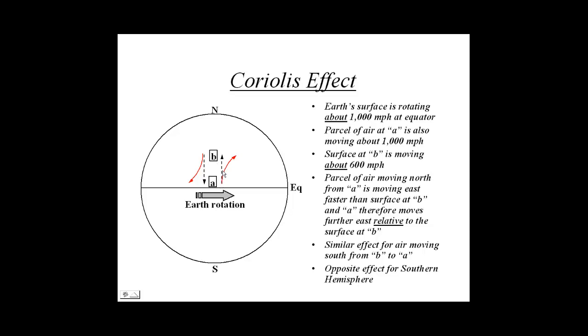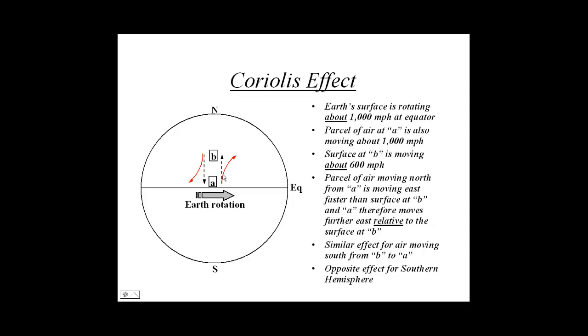So this parcel of air will actually get ahead of the Earth's rotation in the easterly direction. So therefore, as it flows from the equator towards the pole, it will turn to the right of that northerly path. Okay? In the southern hemisphere, the same thing will happen. It will turn to the left of its path in this direction.